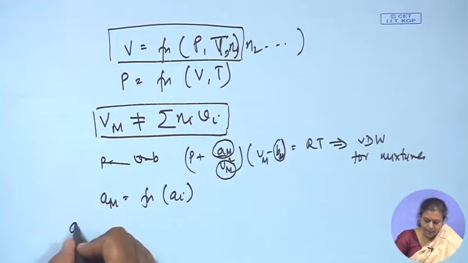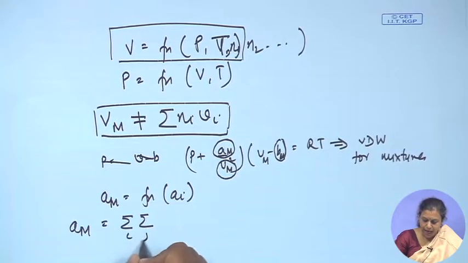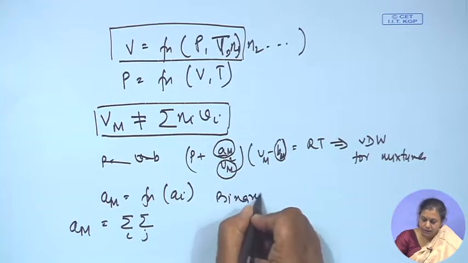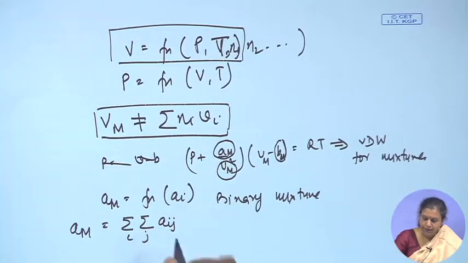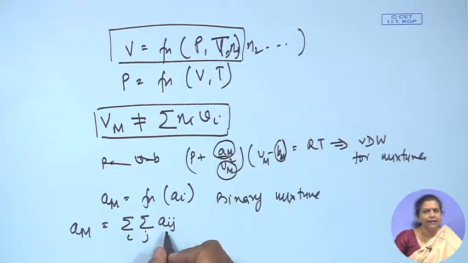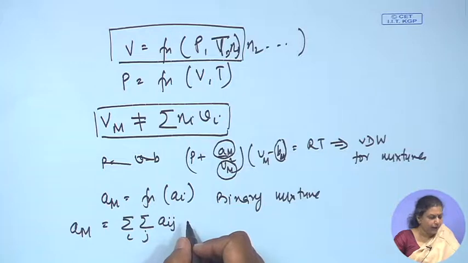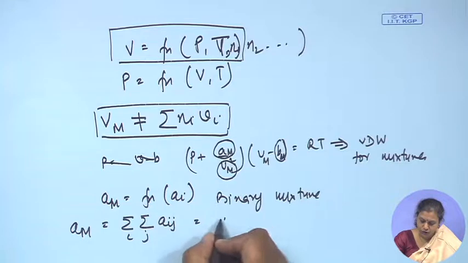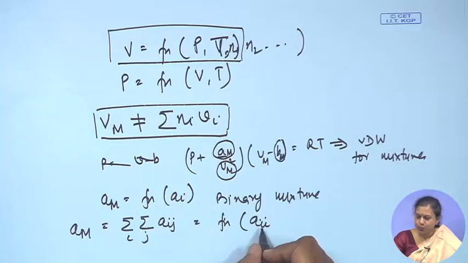This says that Am is a summation, in fact a double summation over i and j. Suppose there are two molecules, for a binary mixture, it is a summation of Aij, where i and j can be the same or different. So, for a binary mixture, what do we get from here? It should be a function of Aii, the interactions between the molecules of component i.